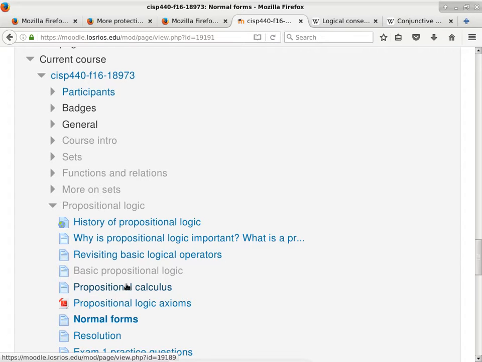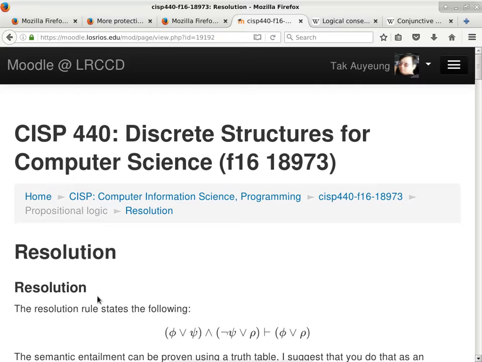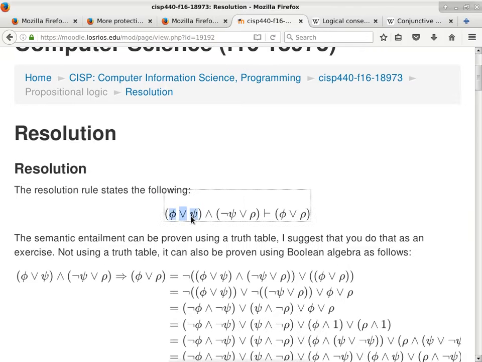The next slide talks about resolution. Resolution is kind of mechanical, okay? Resolution basically says if you can find a well-formed formula that has, in this case, phi or psi, and you have another well-formed formula that has not psi or rho, then you can combine these two and say, oh, we can make a conclusion.